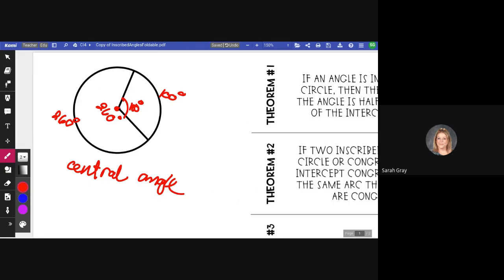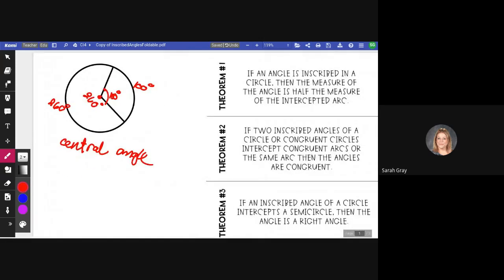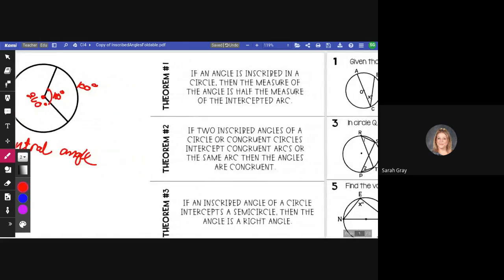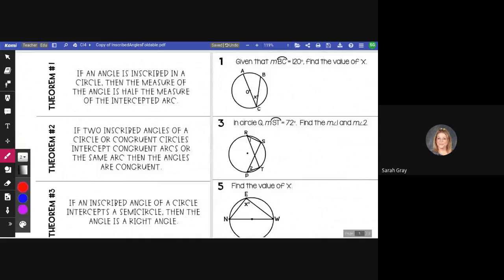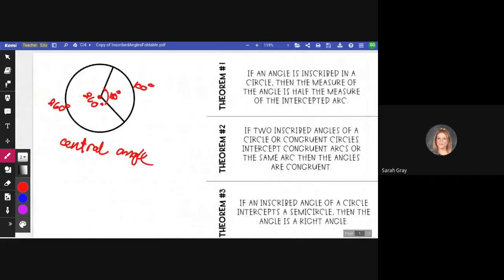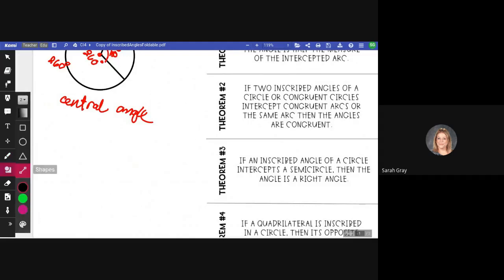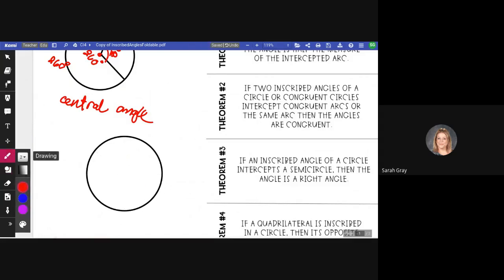Today, we're going to add some things to that. Today, we're talking inscribed angles. I'm going to draw it to show you what an inscribed angle is. An inscribed angle is an angle whose vertex is on the circle instead of the vertex being at the center.